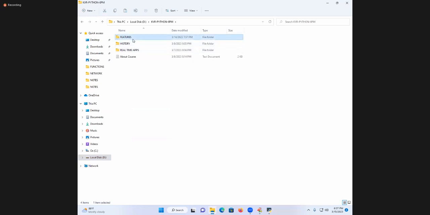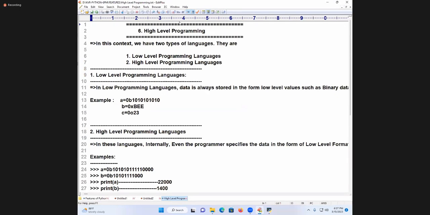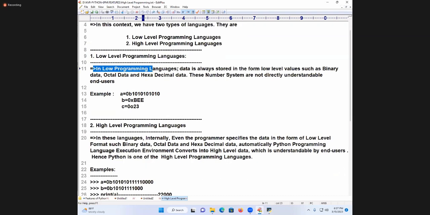Instead of typing it, because I explained that, let me open it and see, students. Please read out now. Automatically you can understand. In this context, we have two types of languages: low level programming languages and high level programming languages. Low level programming languages, read out. In low level programming languages, data is always stored in the form of low level values such as binary, octal and hexadecimal data.